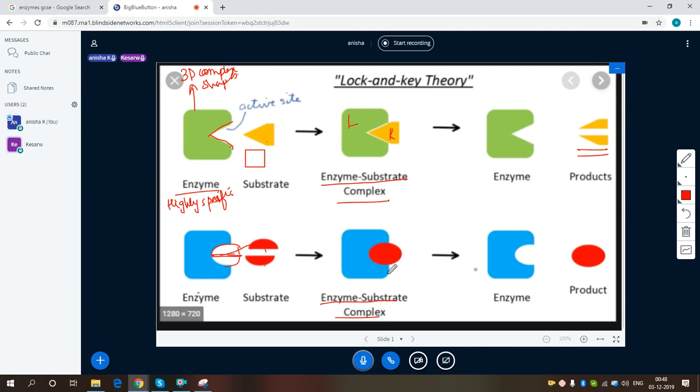After getting attached, that means when they form the enzyme substrate complex, the enzyme again releases the product. Got it? You understood what is lock and key theory?